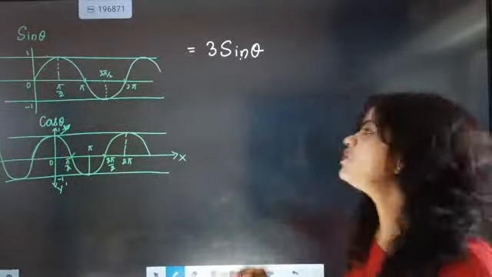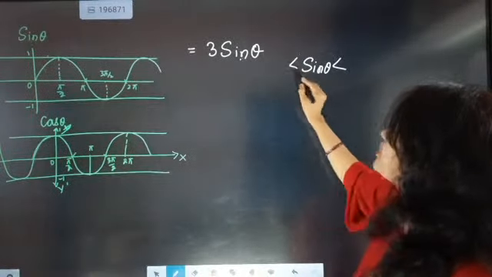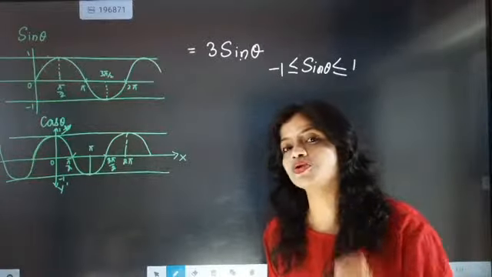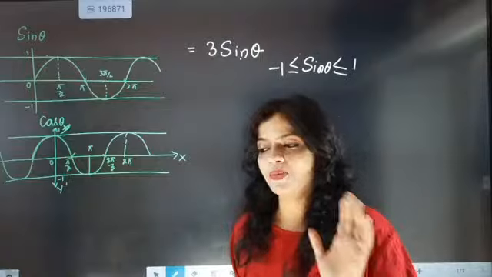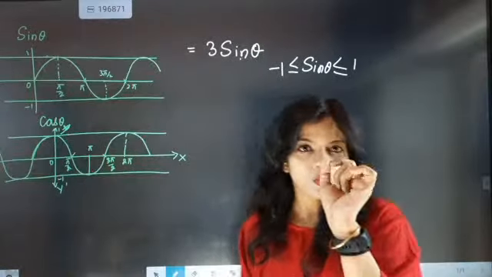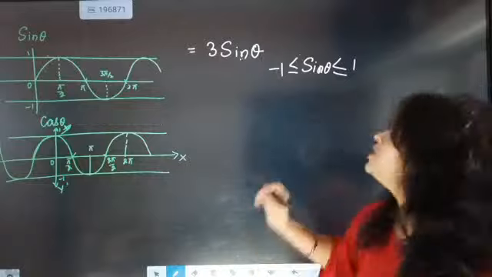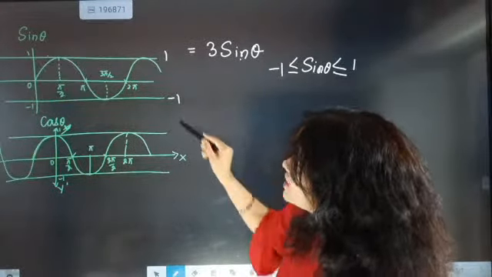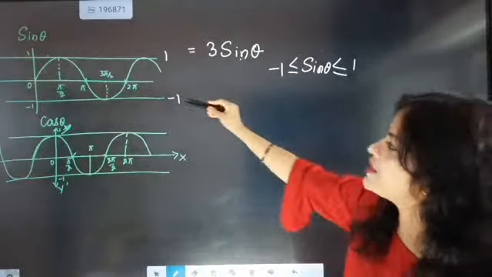Now one small work you have to do. You know that sine theta value lies between -1 to 1. Everyone pay attention to how to proceed with this question. One small work you have to do, and then you will get the answer in no time. The value of sine theta lies between where to where? -1 to 1.